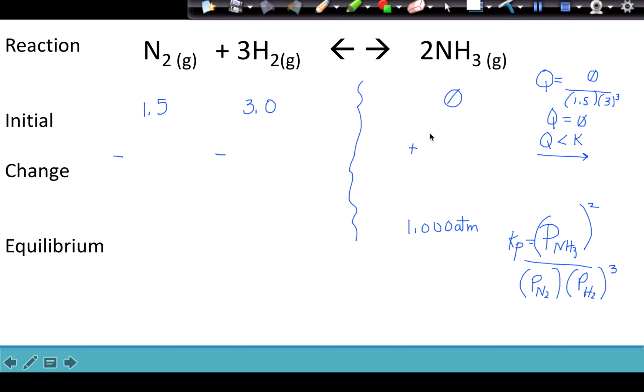In my change line, it's always coefficient x, coefficient x, coefficient x, because 1 mole of nitrogen combines with 3 moles of hydrogen to make 2 moles of ammonia.